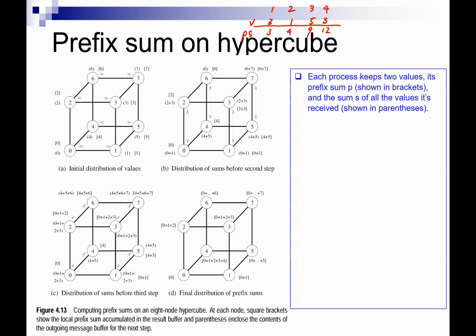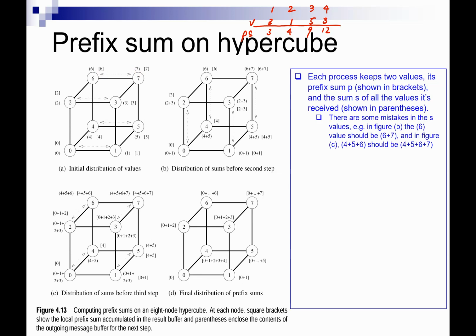The process is supposed to end up with a prefix sum, so it's going to build up towards that. It's going to have a subset of the prefix sum as it executes the algorithm. And the value in the parentheses is the sum of all of the values that the process has received so far.